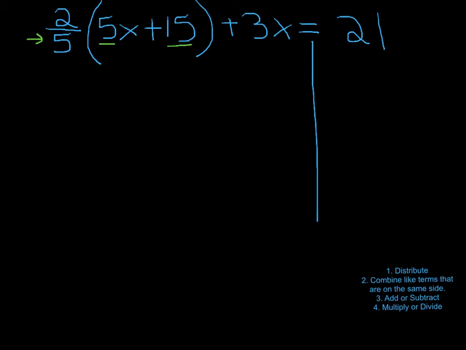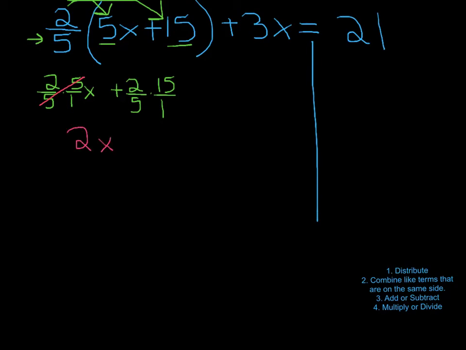So we're going to multiply 2/5 times 5x or 2/5 times 15. And if you look here, cross simplify, so this is really 2x. And here if you cross simplify, 15 divided by 5 is 3, and 2 times 3 is 6.